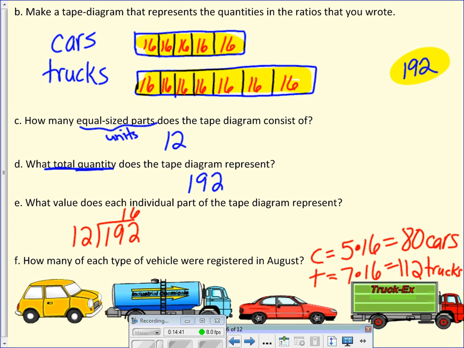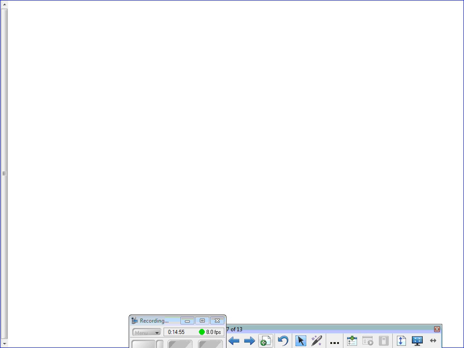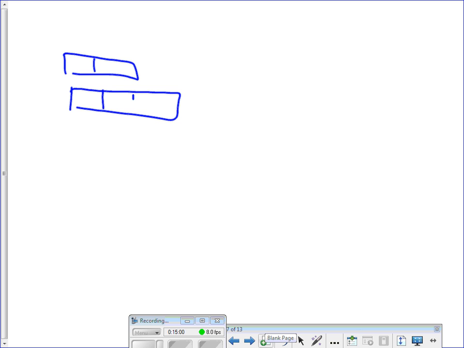Okay. Now the next problem, continuing on page 16. So far we looked at using the tape diagrams 2 different ways. In the first tape diagram, we looked at the 1 bar and knew that was 4.